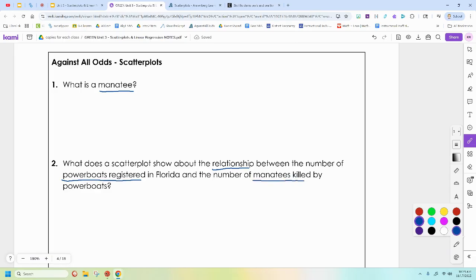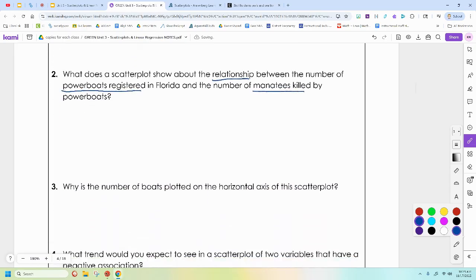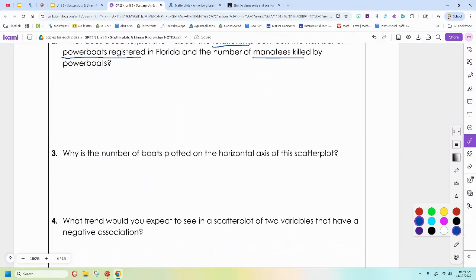So we're going to look at that relationship in a scatter plot form. Then we're going to talk about why the horizontal axis is different than the vertical axis. And the last thing is, what would we expect to see with a negative association, which should then key you in that there's this thing called a positive association. Dun, dun, dun. All right, are we ready for our video? Bring it on.